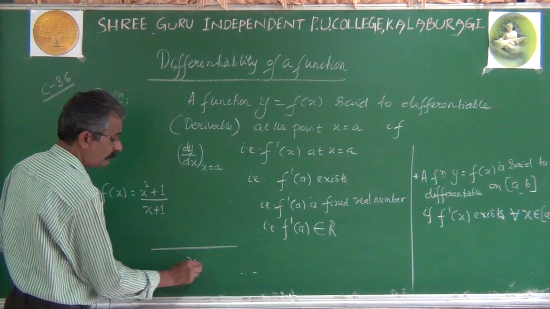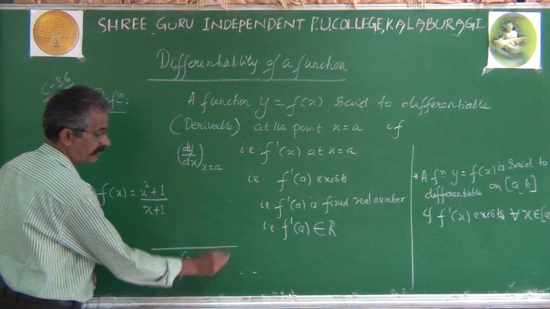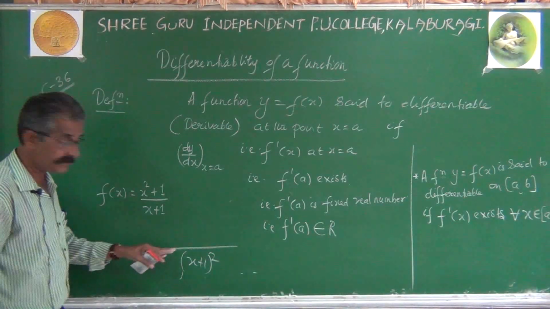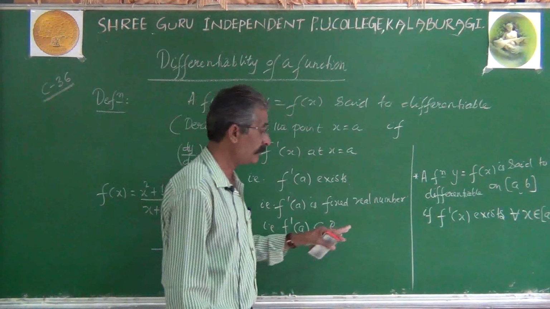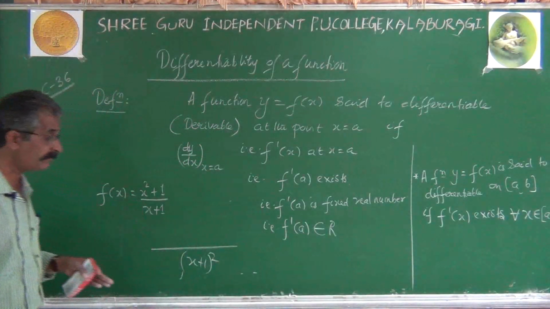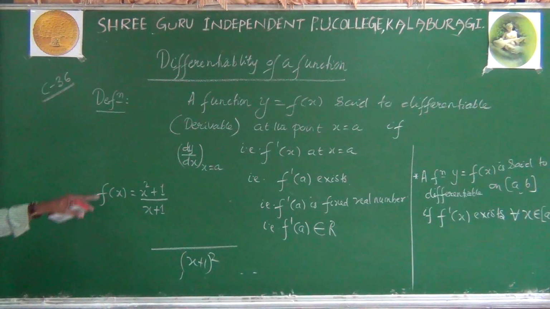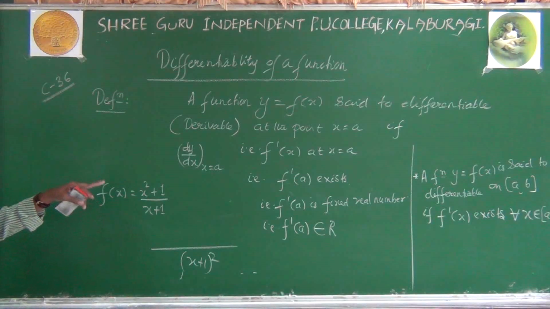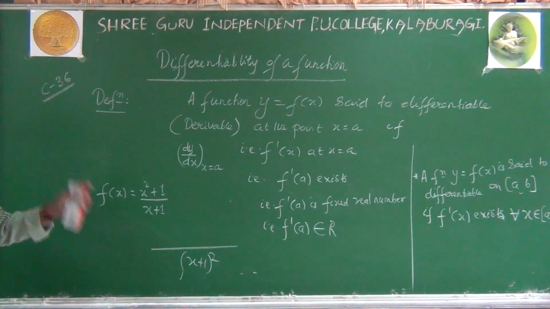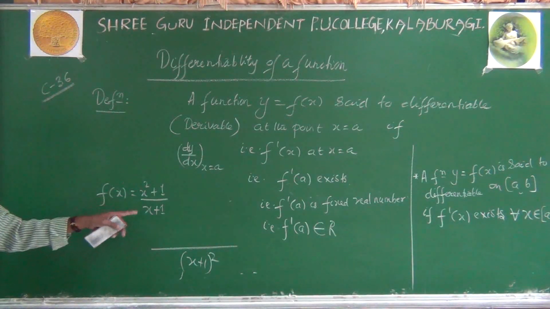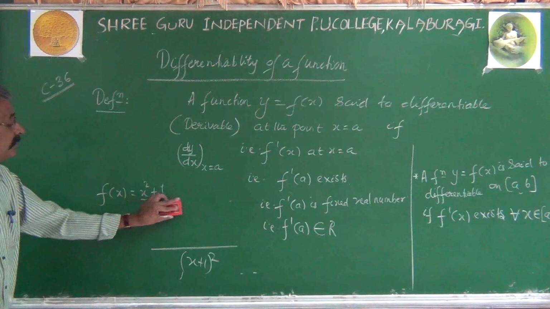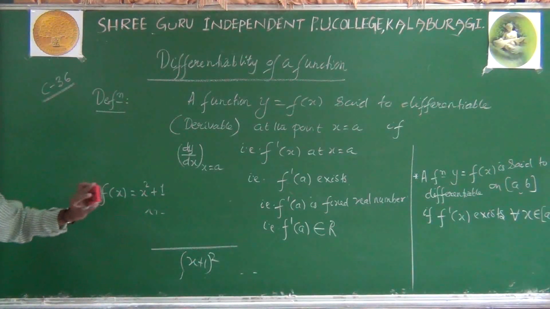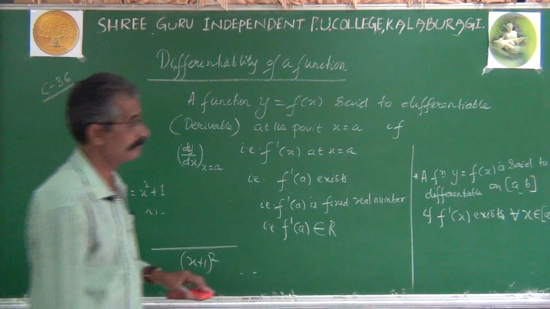By quotient rule, what will we get? x plus 1 whole square. Because of the presence of x plus 1 in the denominator, that makes it undefined for x equal to minus 1. Obviously, this function is differentiable for all the values of x except x equal to minus 1, whereas x square plus 1 is differentiable for every value of x.